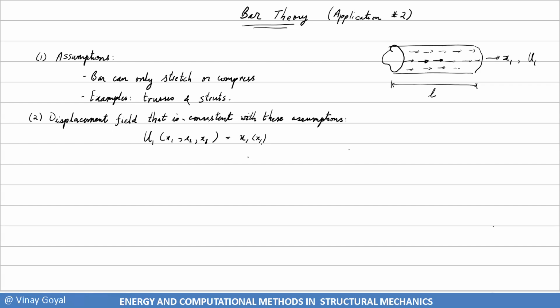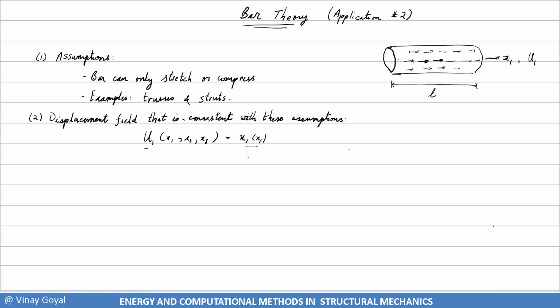So the deflection u1 at any point of the body, in the axial direction, only depends on x1 and is independent of x2 and x3. The deflection u1 here, here, and here are all equal. It does not depend on where you are through that cross section. It doesn't matter where you are in that cross section, u1 is the same.